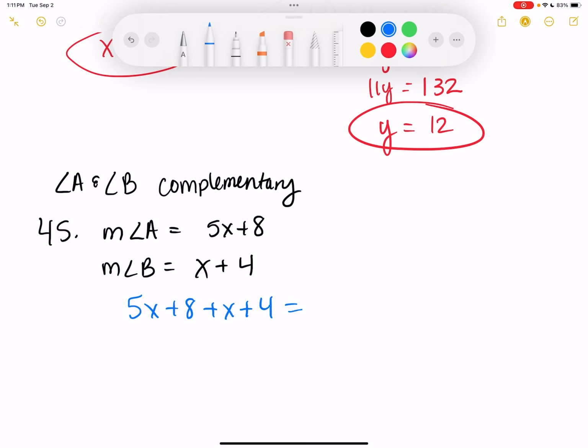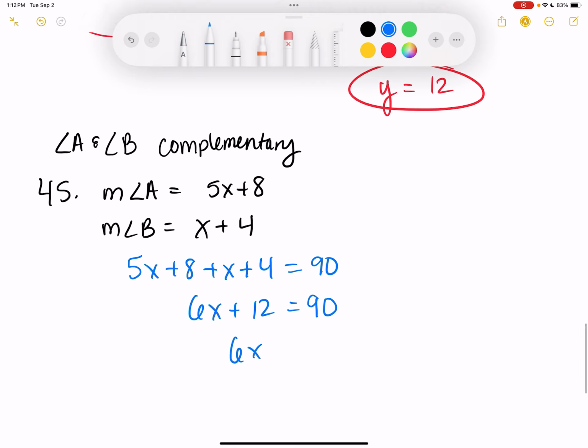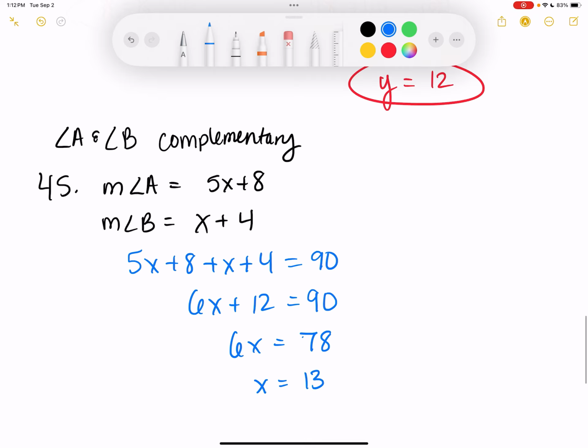And then we're going to solve. So I've got 6x plus 12 equals 90. Subtract 12, 6x equals 78. Anybody know what 78 divided by 6 is? 14, I think. Nope. 16. Nope. 13. Yay. Someone got it. Now, that's just solving for x.